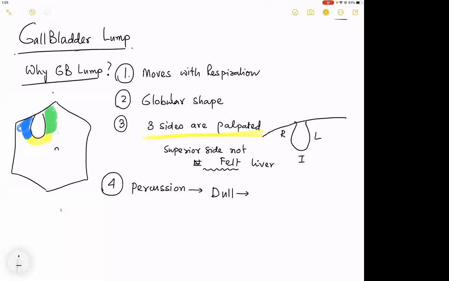And if it is dull, the dullness is continuous with what organ? Liver. Very good. Dullness is continuous with the liver dullness. Believe me, majority of students, even my postgraduates, are unable to say this in an examination. Okay?